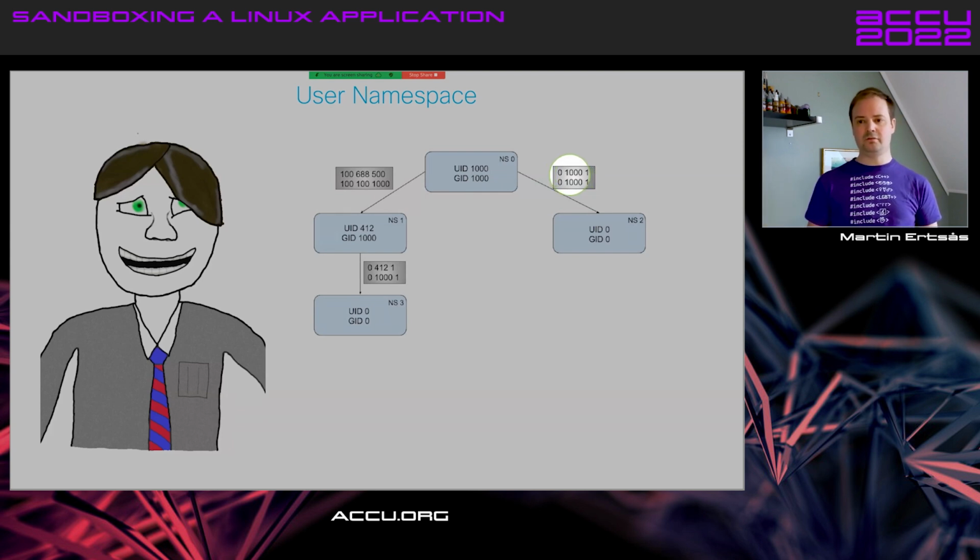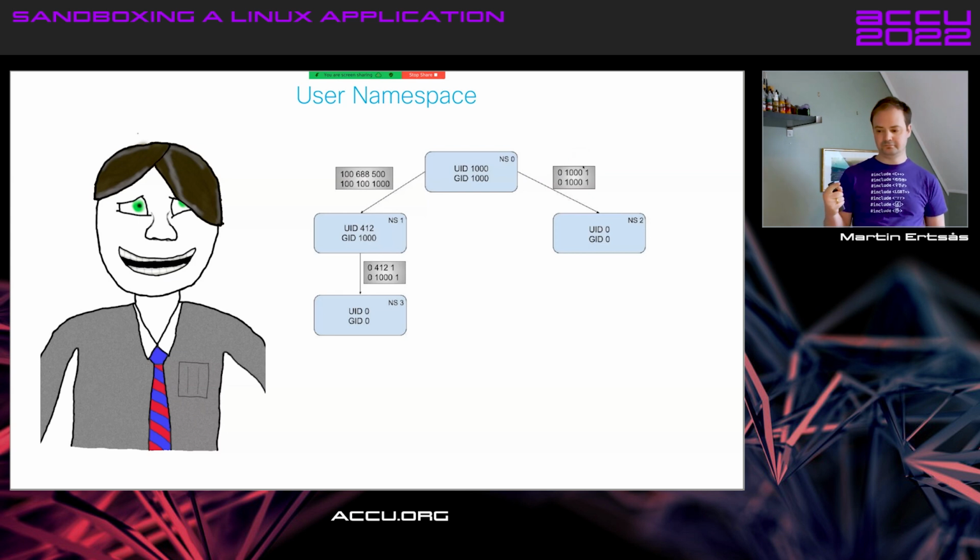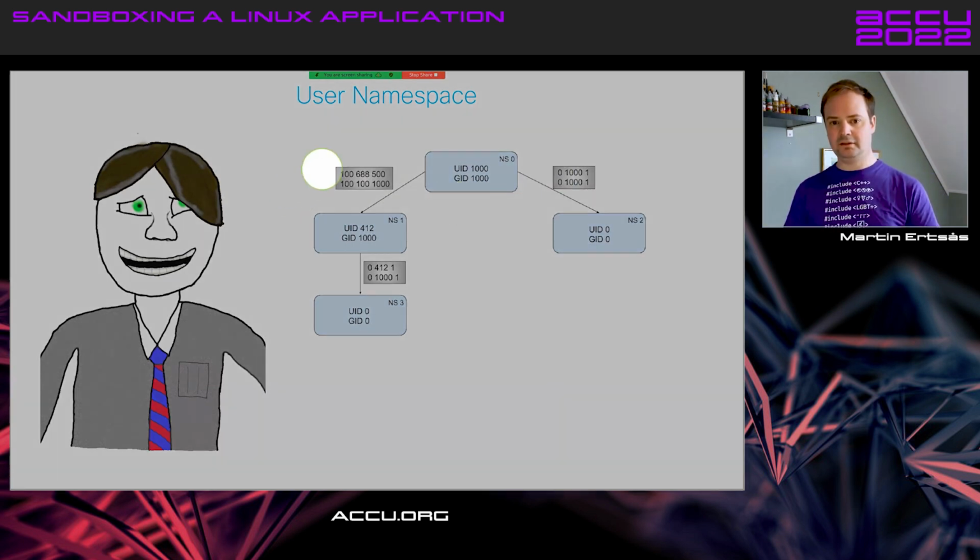If you write 0 1000 1 into one of these files, it means that you're mapping the ID 0 inside of the namespace to ID 1000 outside of it. And you do that for a single ID. Now you can increase the range like we do on the left side here. Here we say that ID 100 inside of the namespace is ID 688 outside of it, and we do this for 500 IDs.